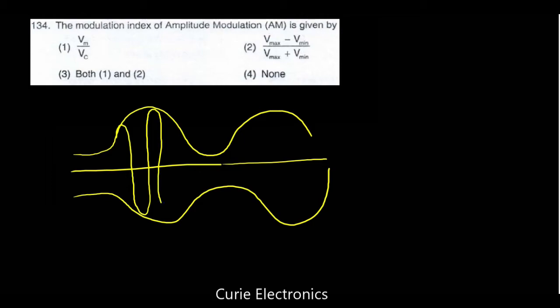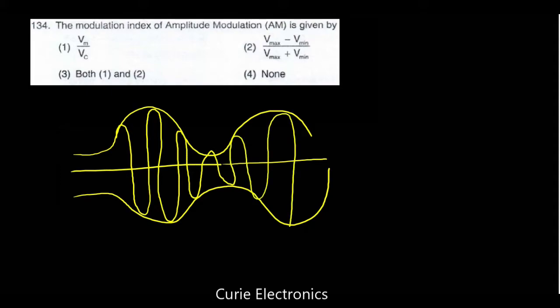This is an AM wave. Here, this is the V min, minimum amplitude of the AM wave. And this is the maximum amplitude of the AM wave, that is V max.